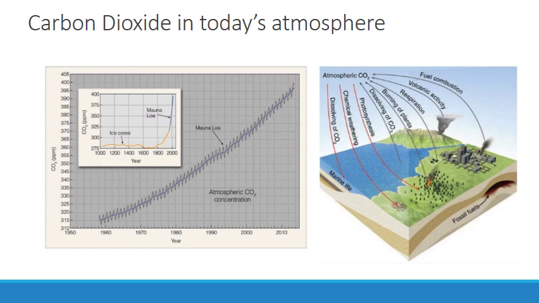There's been a consistent increase since monitoring began. Much of this rise is attributed to the burning of ever-increasing quantities of fossil fuels, such as coal and oil. And it's why we really don't dispute the fact that CO2 concentration is increasing.